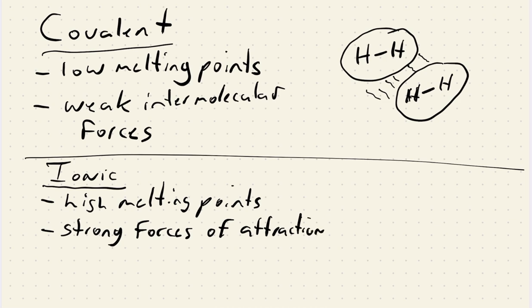The reason for this, if we look at the sodium chloride again, sodium is a +1 ion, chlorine is a -1 ion. So between these two ions, you have some really strong electrostatic forces keeping them together.